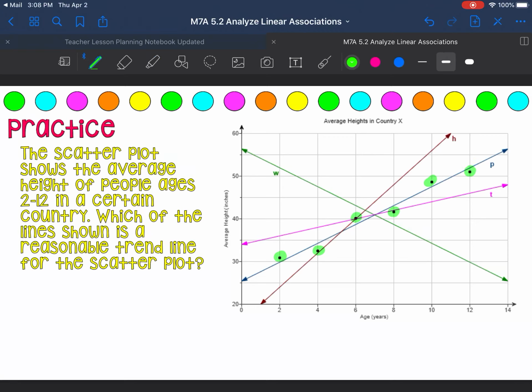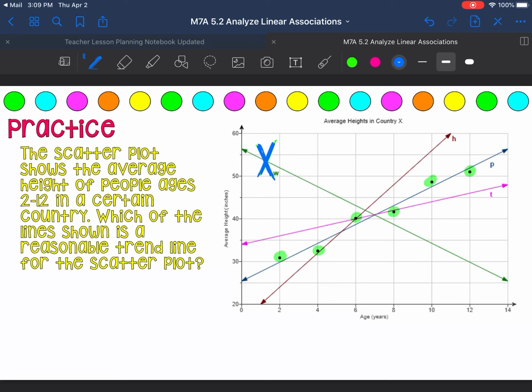All right, so what we're going to do is start first and go through and eliminate lines. Looking at my dots, I can tell that they all go in an upward motion, so that must mean that it's positive. So my one negative line over here, W, that bad boy is out. He's gone because I know my association is positive.